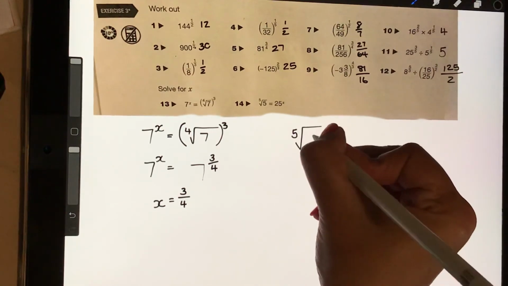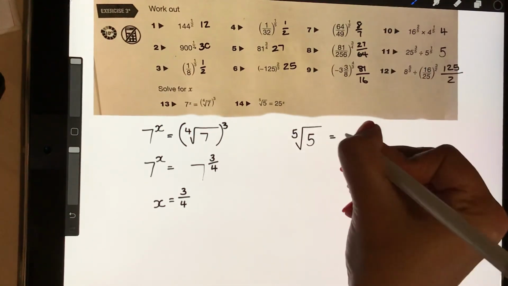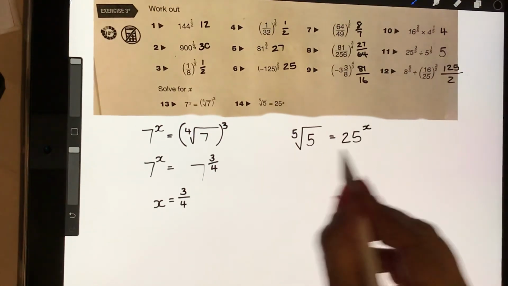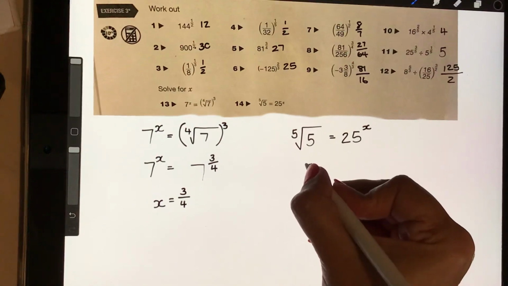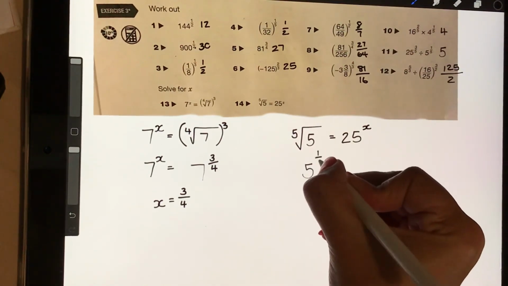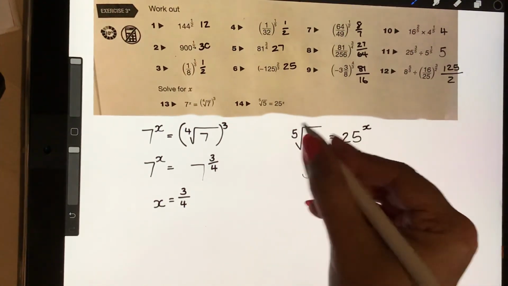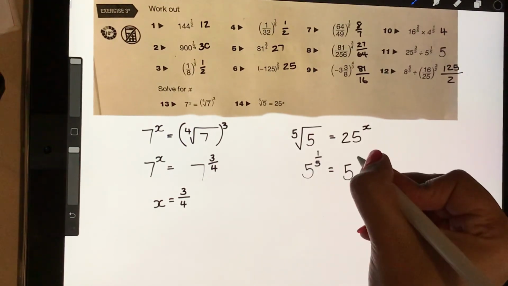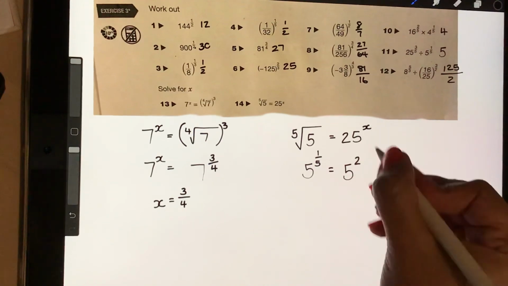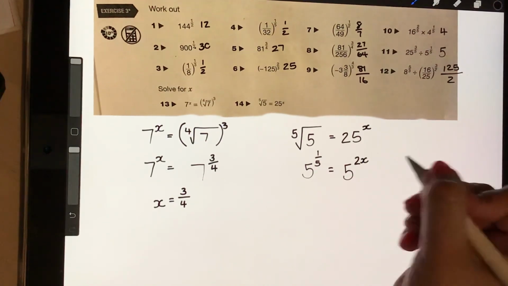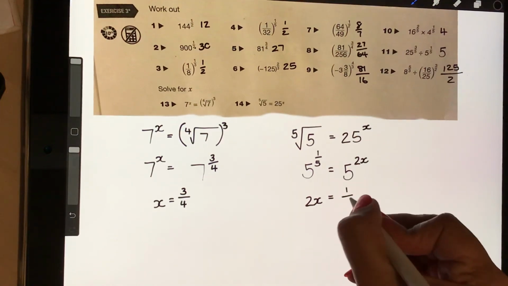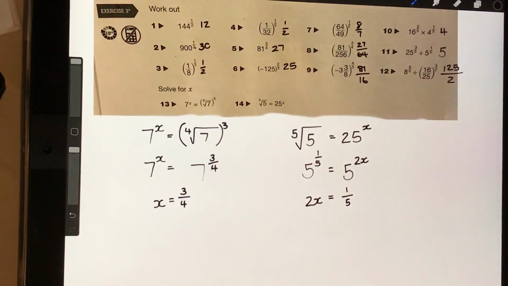Right, for number 14, same thing. We've got the fifth root of 5 is equal to 25x. We want to get the base numbers the same, so I'm going to say that 5 raised to the power of a fifth, which is that part, will be the same as 5 squared, which is 25 times x. So now we can say that 2x is in fact equal to a fifth.